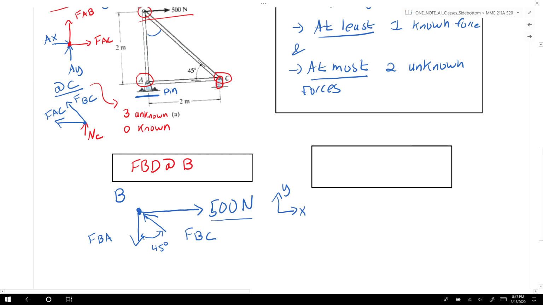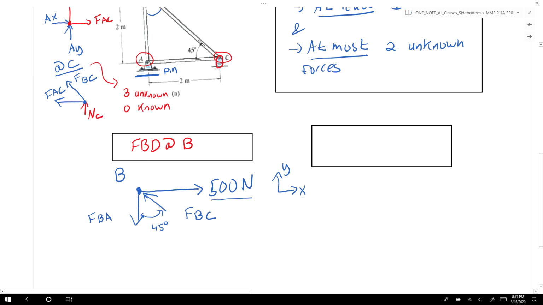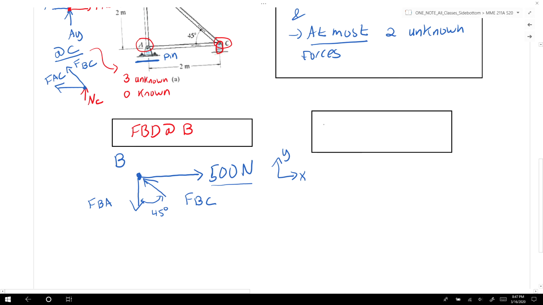What I'm going to do is redraw the free body diagram at B, but include the members.